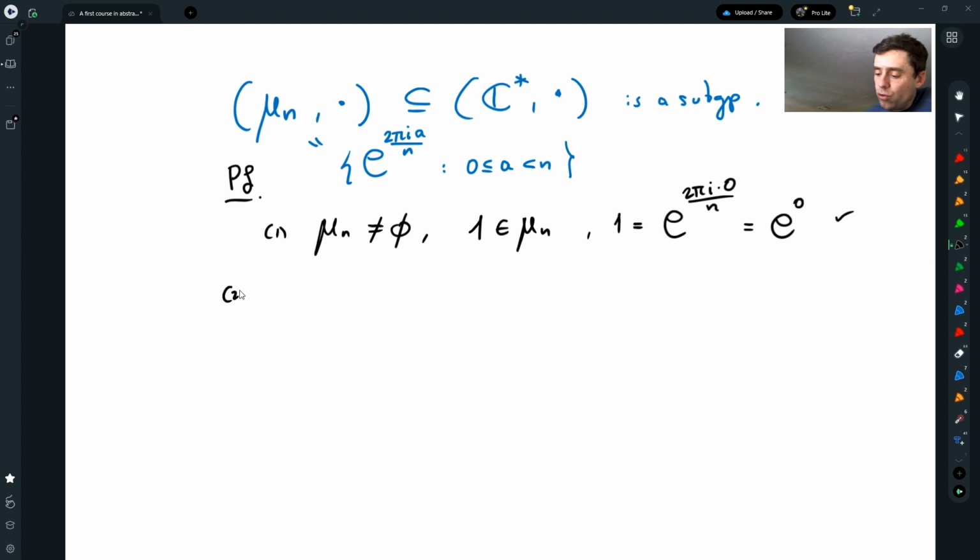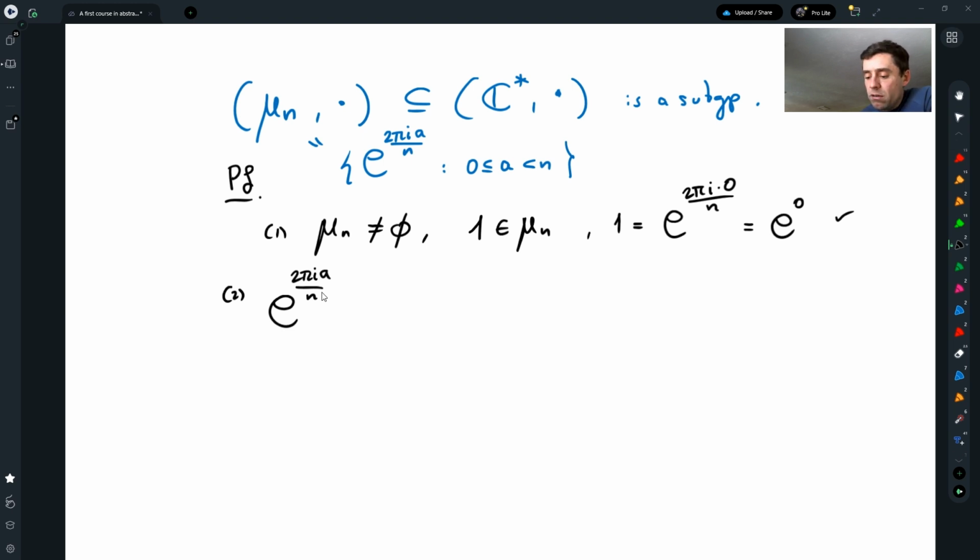And second, what is the multiplicative inverse? If I have e^(2 pi i a/n), what is the multiplicative inverse of this number?